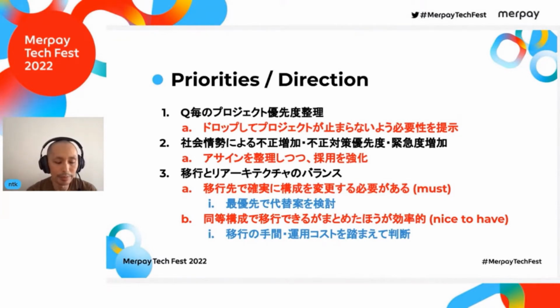There are some that would be more efficient from a development and operational standpoint to consolidate after the migration, although it was possible to keep the same configuration at the destination. They were considered nice to have, and we made a comprehensive decision based on the development and operational cost of migration, project schedule, and others.